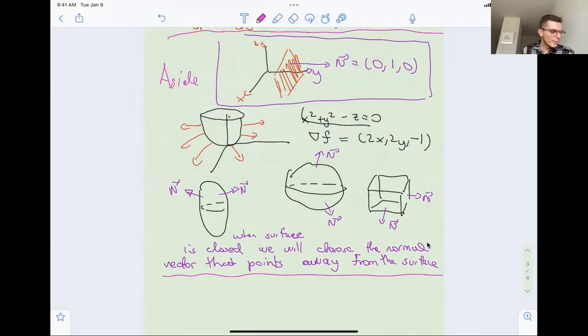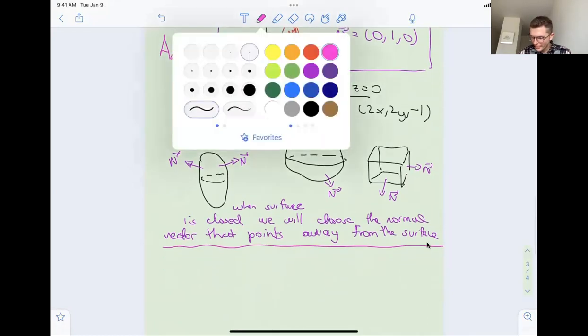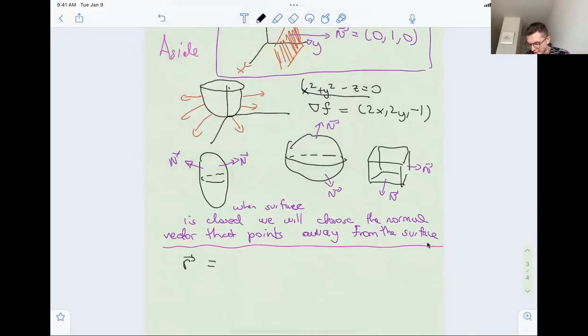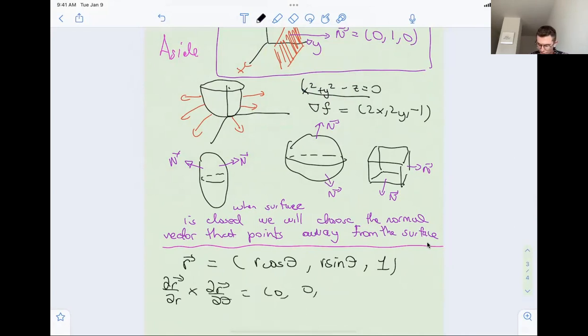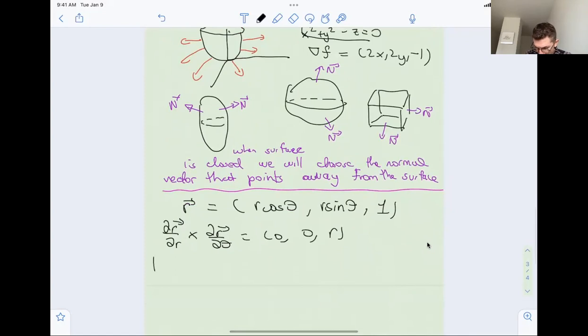So going back to our problem, we had already found the parametrization. It was r cosine of theta, r sine of theta, comma 1. We already found the cross product that we care about, the correct one, which is 0, 0, r, right? And F, right? F was this thing.